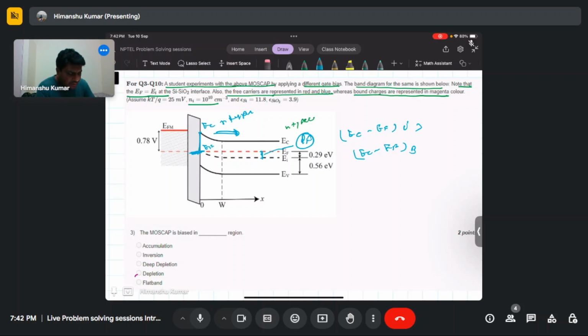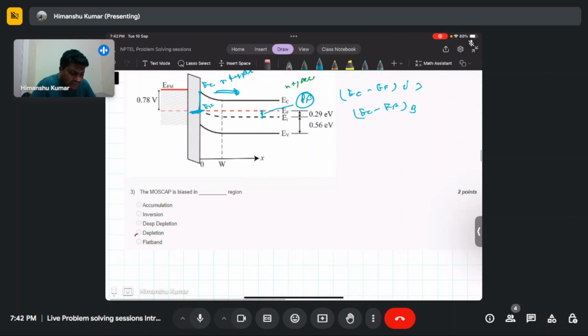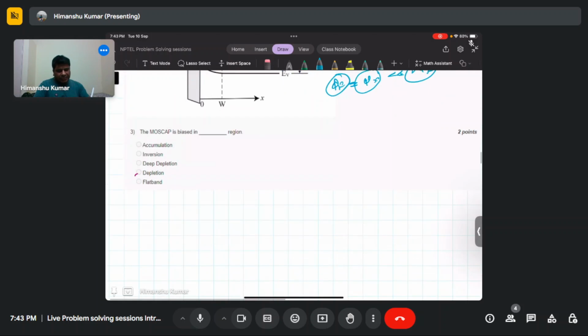So psi f is greater than or equal to phi f, but less than 2 phi f. This is still away from the threshold or inversion region, so we can say the semiconductor is in the depletion region.